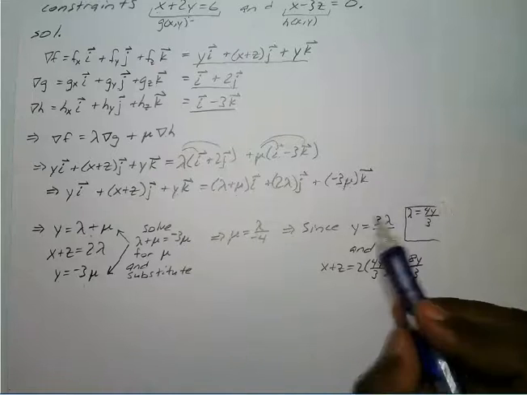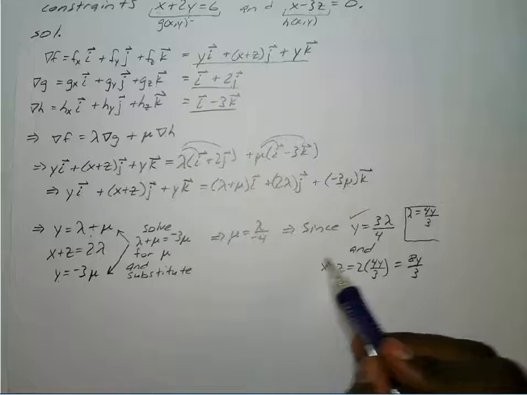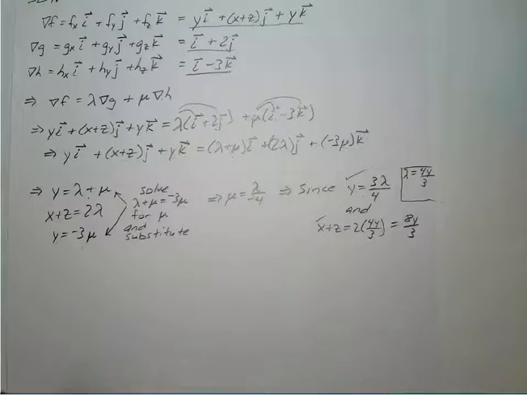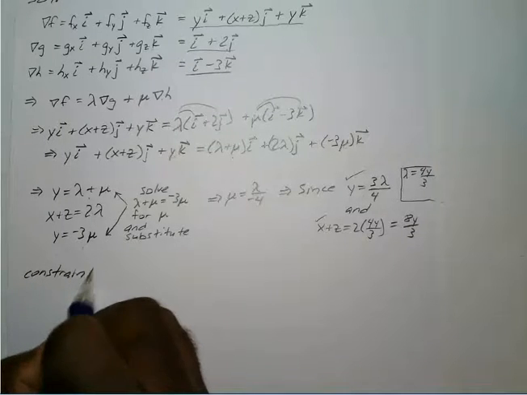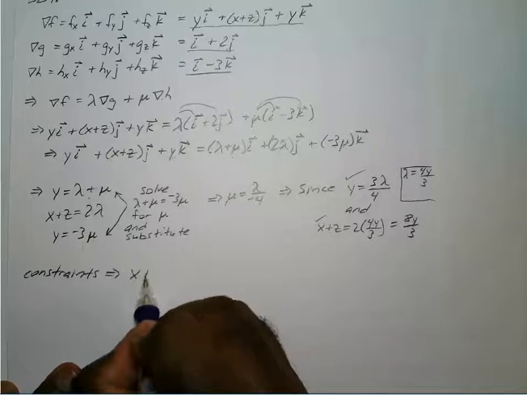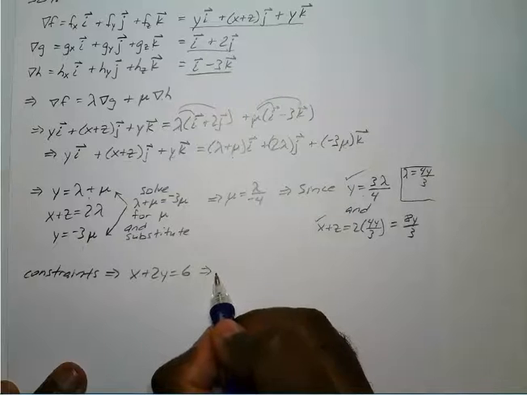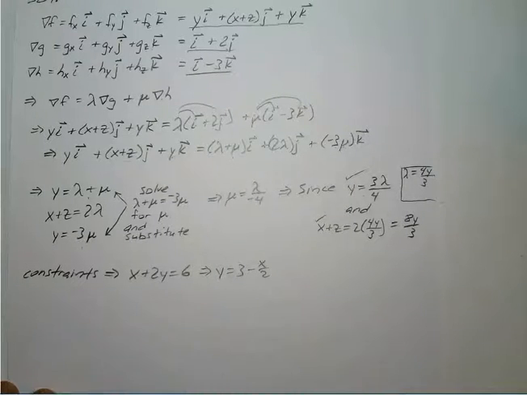So here we have a y that we have solved for, and an x plus z that we have solved for. We're getting closer and closer. Now if you look at your constraints, you have x plus 2y equals 6, which means if you solve for y, you have y equals (3 minus x) over 2.